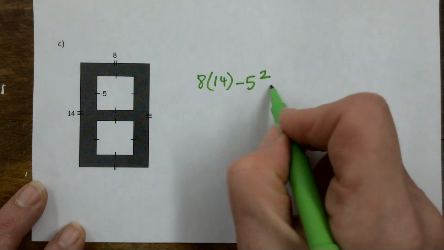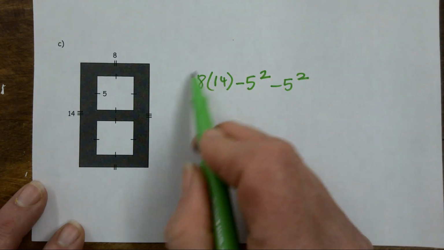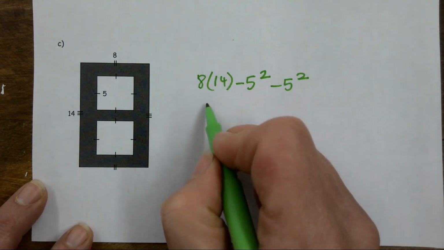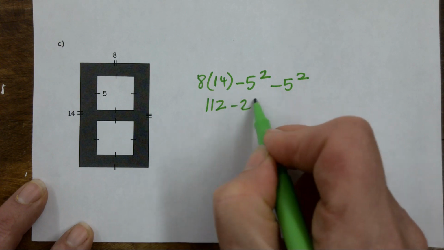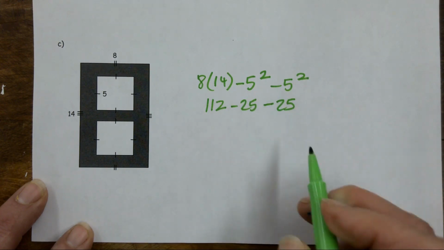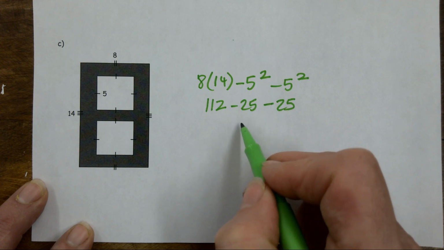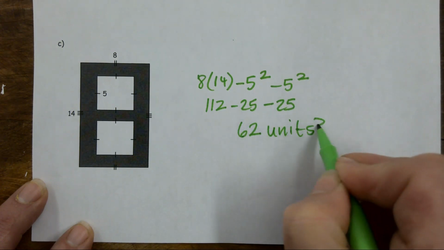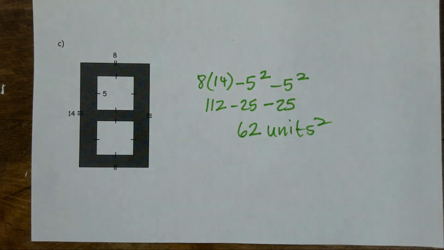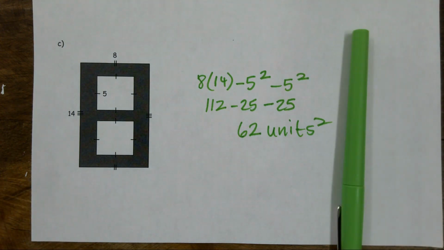And minus another 5 squared. Great. So 8 times 14, 112, I think. Minus 25, minus 25. Leaves me with 62, I believe. And don't forget your units squared. Okay, so today's homework, area and perimeter, rectangles, squares, parallelograms.